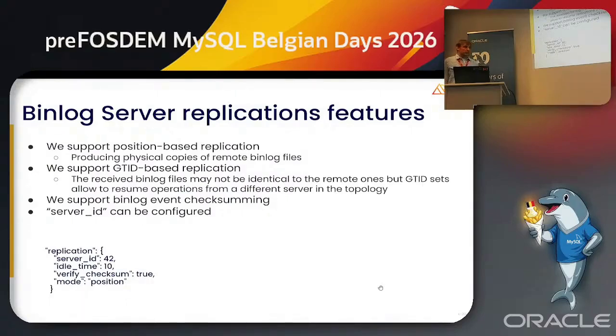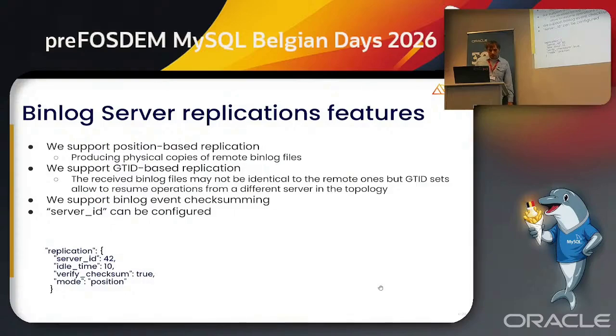Replication section. Another section in this JSON configuration file. Here we can specify in which mode we are going to do replication. It's actually an interesting story. We started from position-based replication only, for the proof of concept, because for obvious reasons it was easier to do at initial stages.